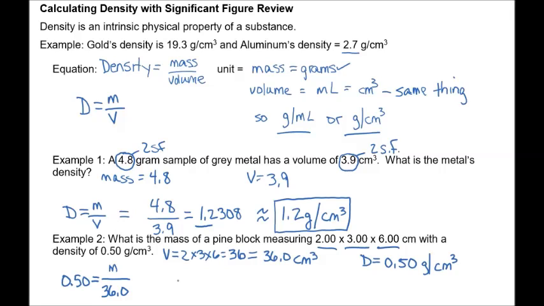So mass is going to be equal to 18 grams. That's what our calculator says. Now, we have 3 significant figures in this value here. We have 2 significant figures here, so we're going to have 2 significant figures, so we would indeed report 18 grams.